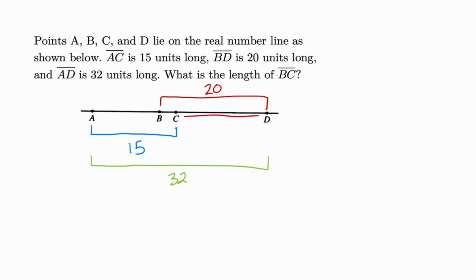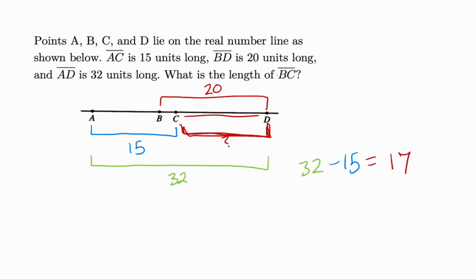Basically we know that 15 plus CD, we'll just call it X, or we could call it question mark or whatever, 15 plus this missing segment that we want to find adds up to equal 32. Well, all we have to do then is 32 minus that 15, and that'll give us this missing segment CD. So that'll be 32 minus 15 equals 17.